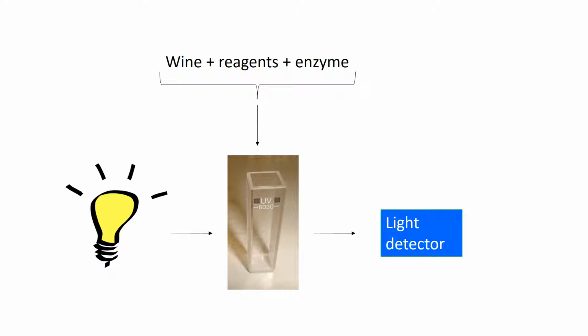That way, we know exactly how much malic acid we have in the wine, because we turned the malic acid into something that absorbed light. The spectrophotometer measured the amount of light that was absorbed, and we can use that to determine the amount of malic acid.